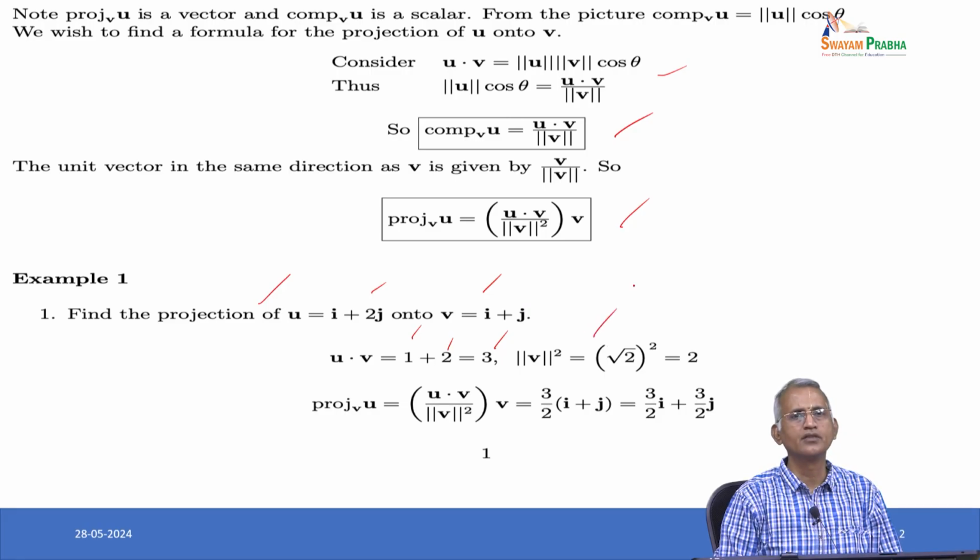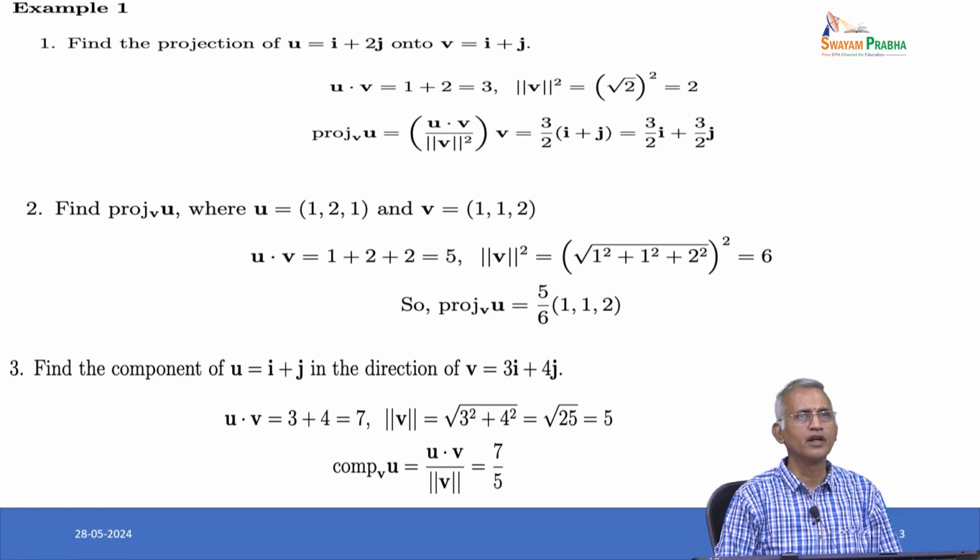Norm v is the root of 1 square plus 1 square, which is root 2, therefore norm v square equals 2. Therefore, projection of u over v equals u dot v by norm v square times v, which is 3 by 2 of (i plus j), equal to 3 by 2 i plus 3 by 2 j.